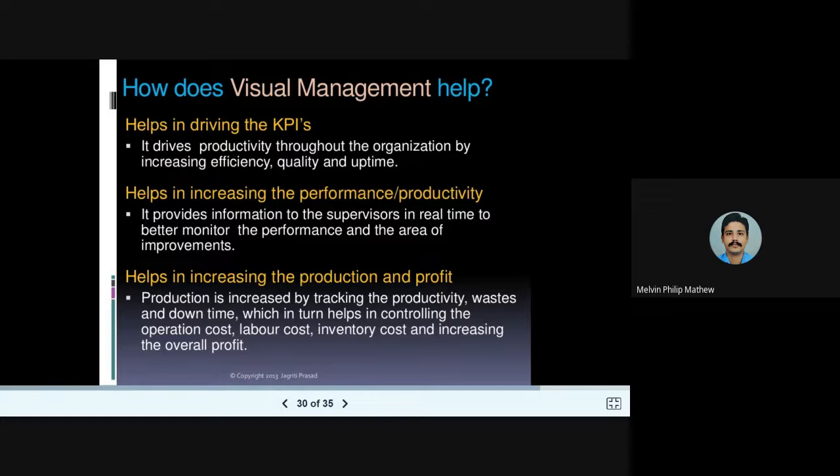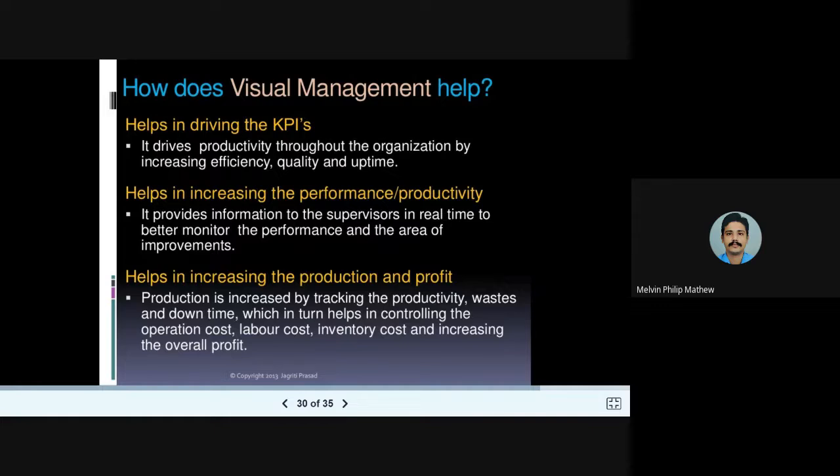Next, it helps in increasing the production and profit. Naturally, by increasing the productivity, the production rate increases. If more products are released as per the demand, if you can keep up with the demand, you can naturally produce more products for that demand. Profit is obtained when we study the previous days or the waste that is occurring.